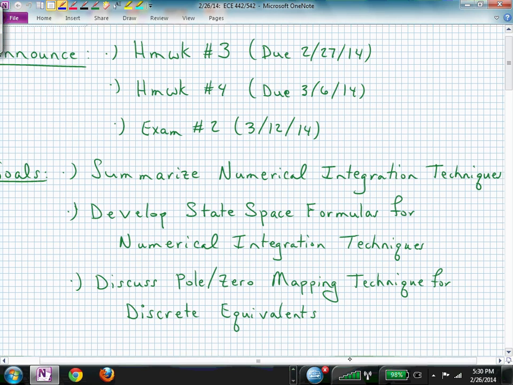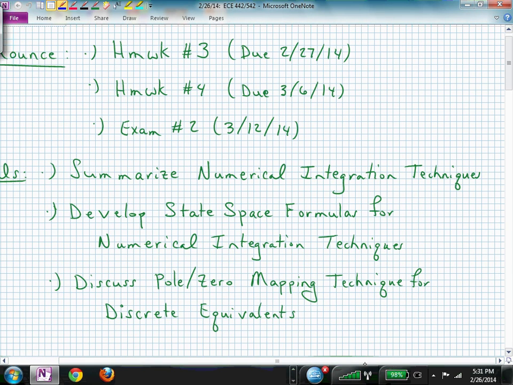Today what I want to do is summarize what we did last time, these numerical integration techniques, which are one way of computing discrete equivalents. We will then develop a couple of different ones of these, I think a forward and the trapezoid, in the state space format. The state space format is actually a better way to compute these discrete equivalents versus what we learned last time, which was to substitute certain expressions for z where s is in a given transfer function.